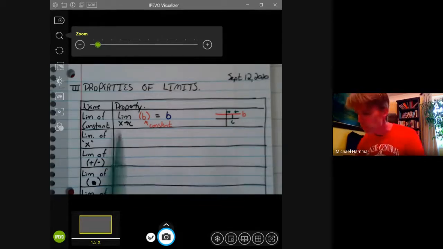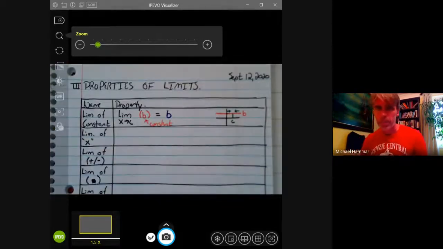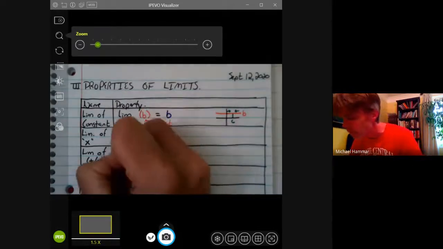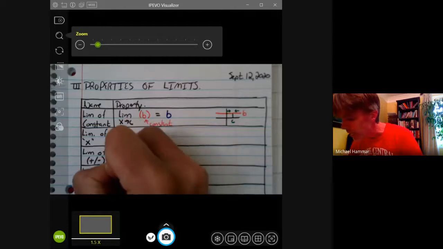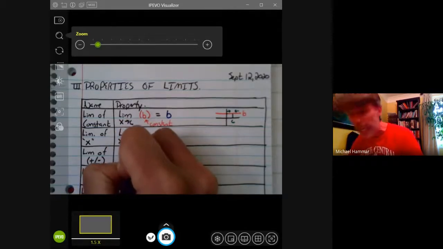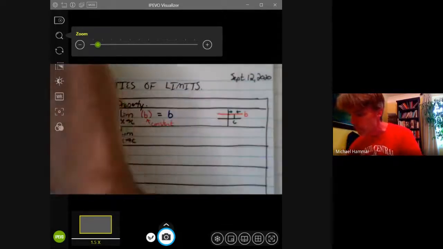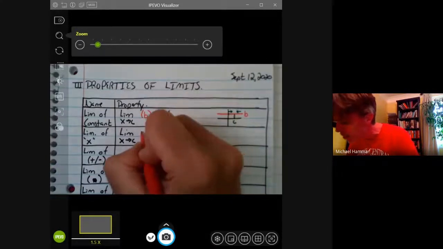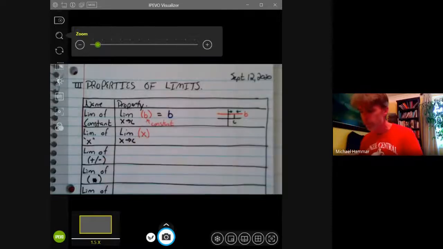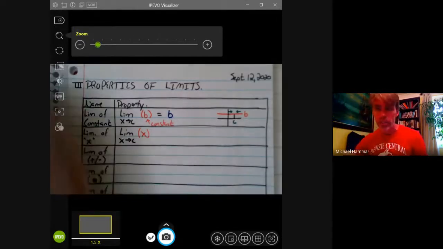Okay? So what's it going to look like if you find the limit of the simplest function that we have? Let's say I gave you the limit as x approaches any c of the most basic function, and that most basic function is x. What is that going to look like?